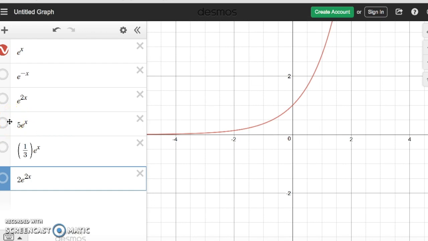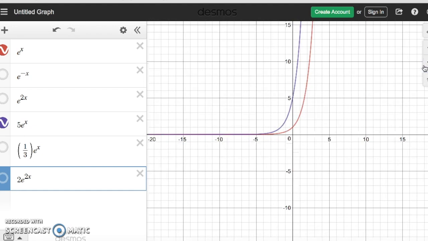Let's try this one. We have 5e to the x, right?